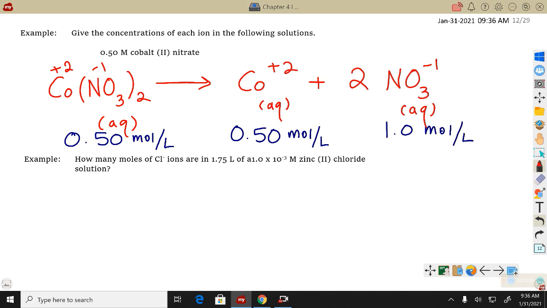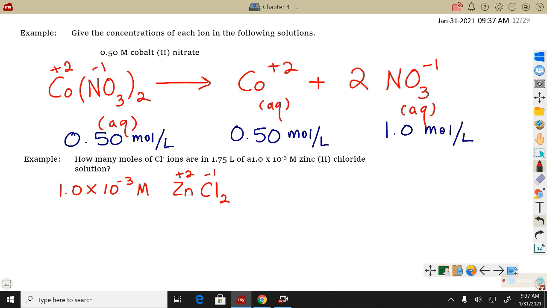We have the molarity, 1.0 times 10 to the negative third molar zinc 2 chloride. So zinc is plus 2, chlorine, well, that I can look up on my periodic table. Minus 1. So to make that neutral, I need 2 chlorine.